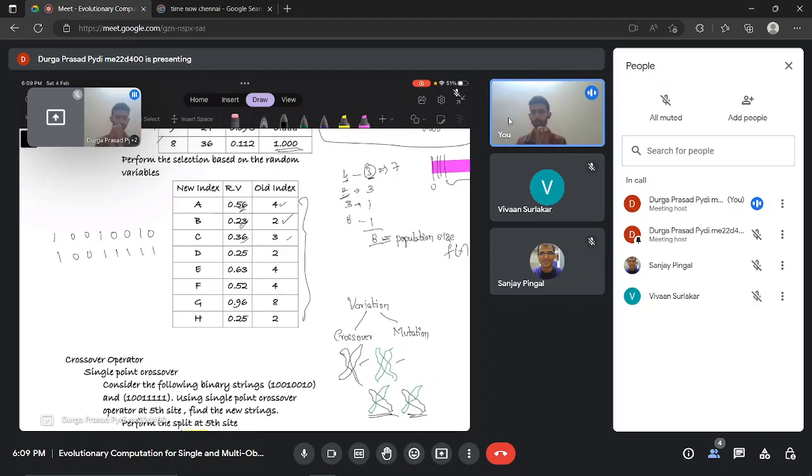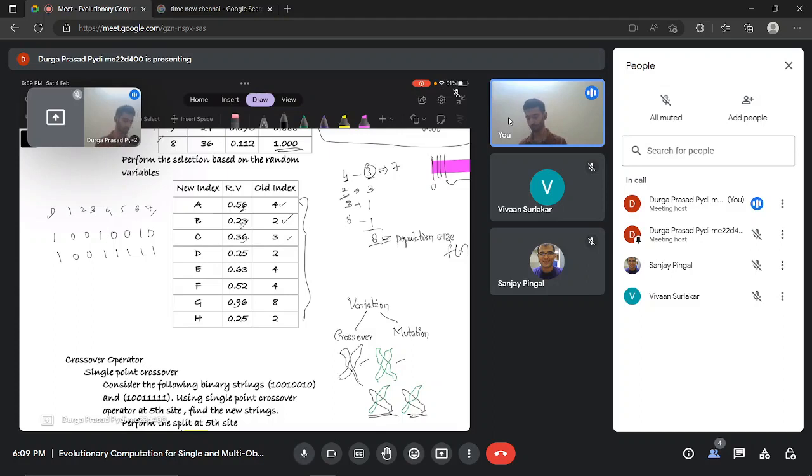In single point crossover, the first step is identifying the split point, which we choose randomly. So first we randomly generate one number between 0 and 7, like 0 1 2 3 4 5 6 7. Once we get that number, we split the strings.